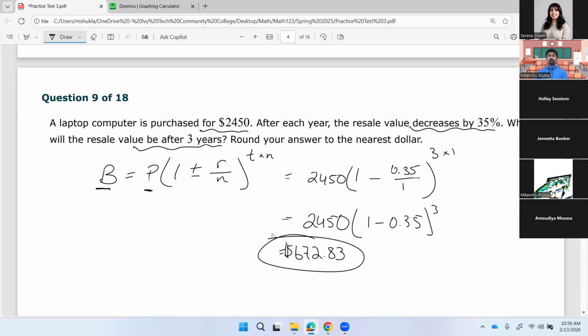So let's organize our information. My beginning amount or my principal is 2,450. It's going to be a minus because it's decreasing. I know that my rate is 35%, which is equal to 0.35.